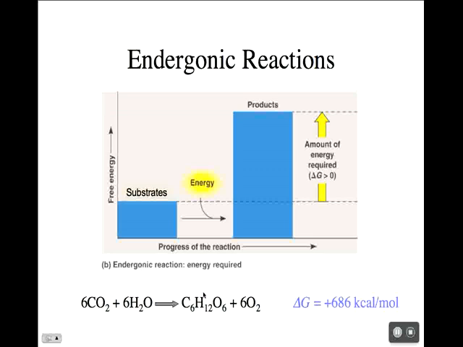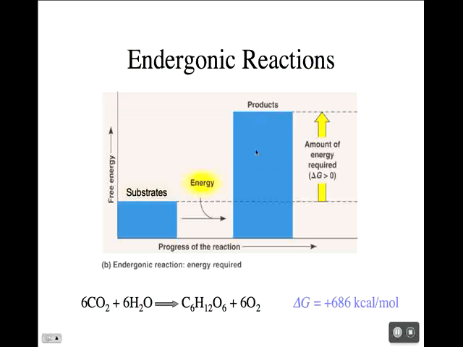So if we look here, the free energy of carbon dioxide is very, very low. It's a very simple structure. So you see there's low energy in the substrates, but there is high energy in the products. The product here is glucose, a much more complex molecule. So we know that energy has to be put in order to produce this high energy product.